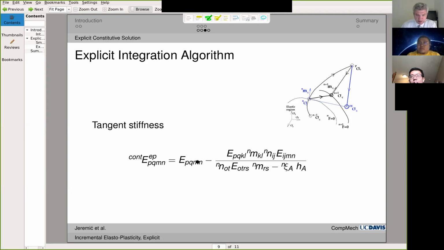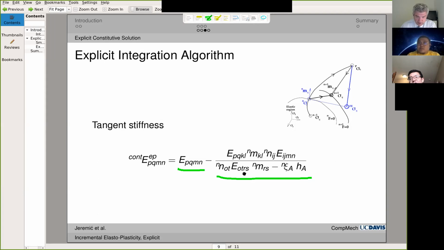This particular one is made up of the elastic component right here and the plastic component right here. This plastic component is made up of elastic stiffness, plastic flow directions. This N is a normal to the yield function. Again, elastic stiffness.